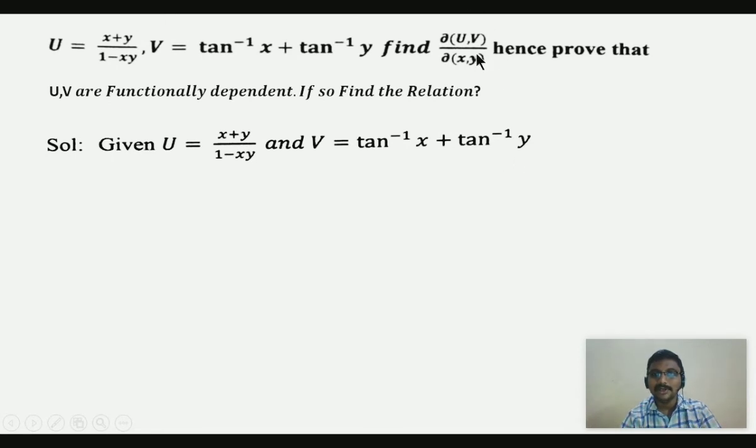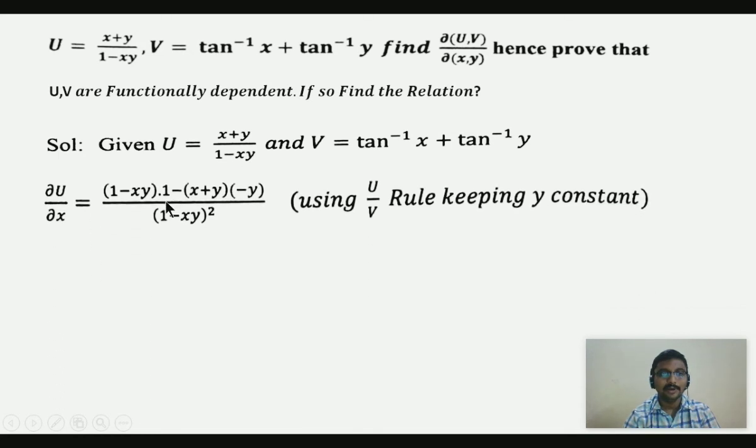To compute the Jacobian value, first we have to find the partial derivatives of u with respect to x and y. Now ∂u by ∂x is obtained by differentiating partially with respect to x using the u by v formula. So what is the u by v formula? (v u' minus u v') whole by v square.